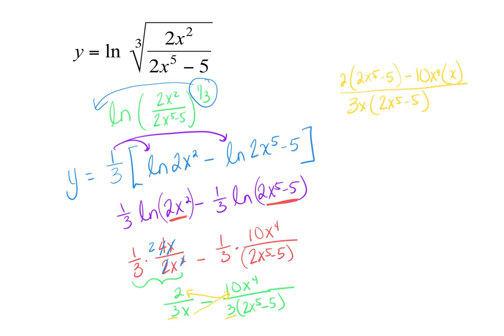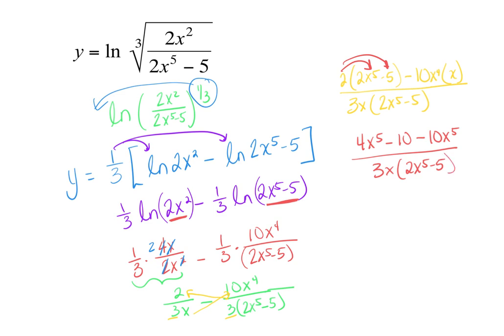So up here, I'm going to distribute that 2. Okay, so I have 4x to the 5th minus 10 minus, this is going to be 10x to the 5th. And then down here, you can distribute if you want to. It doesn't matter either way. You can leave it as 3x times 2x to the 5th minus 5.